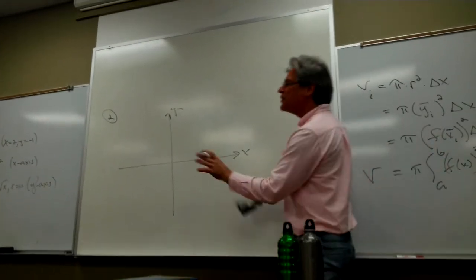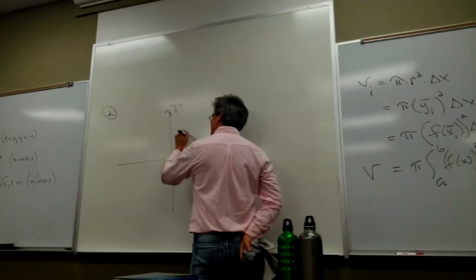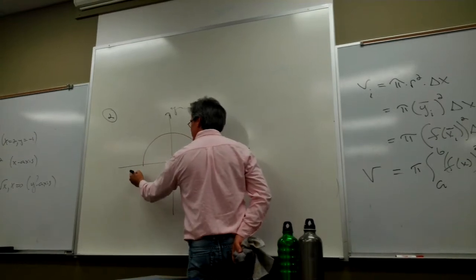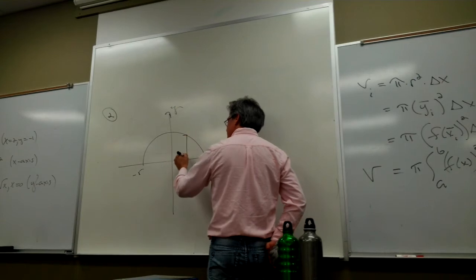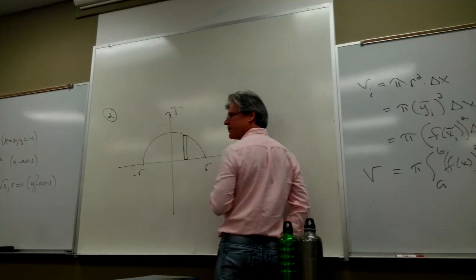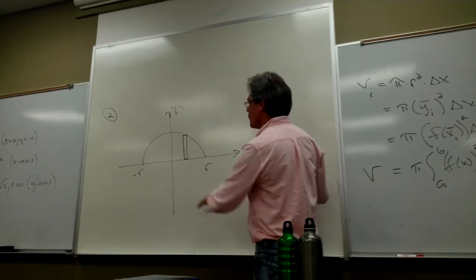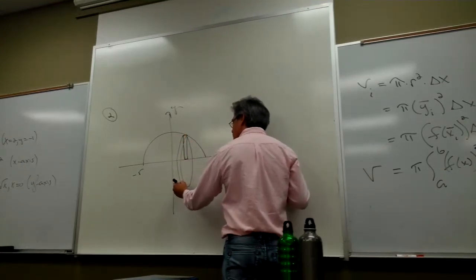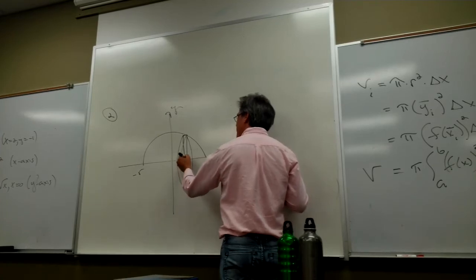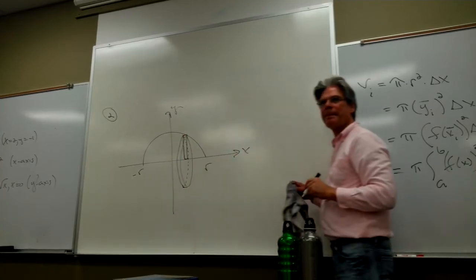You could say, don't look at the sphere yet. Let's look at a semicircle whose radius is r. And now if I draw in a nifty little vertical rectangle, then maybe I can rotate this rectangle about the x-axis to generate that three-dimensional solid of revolution that we typically refer to as a sphere.